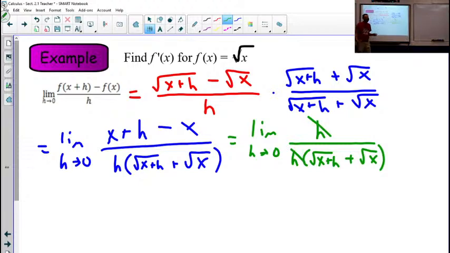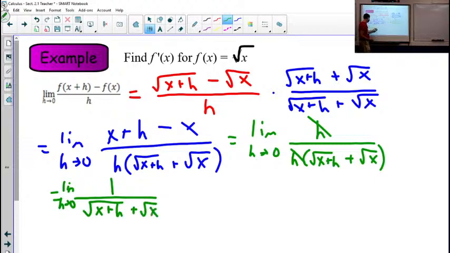At some point in finding these derivatives, we need those h's to cancel on top and bottom so that we can actually plug in our number that we're interested in, which is 0. So we have the limit as h approaches 0 of 1 over the square root of x plus h plus the square root of x.